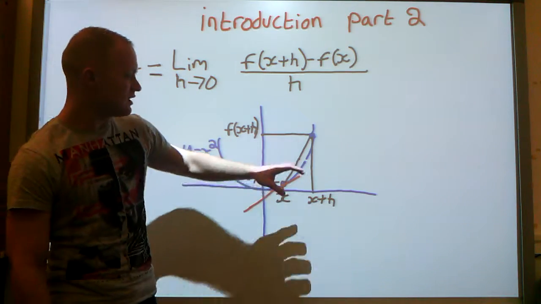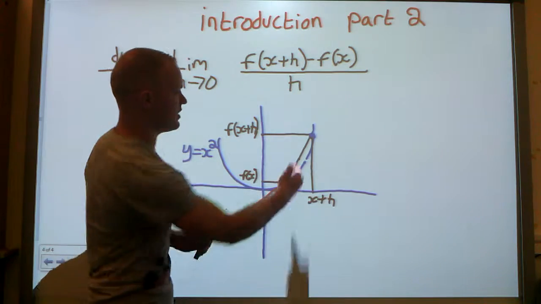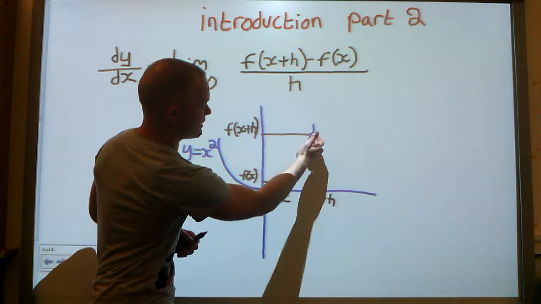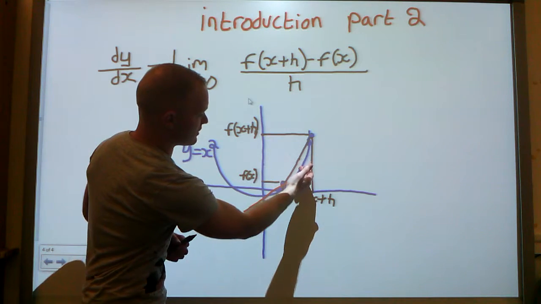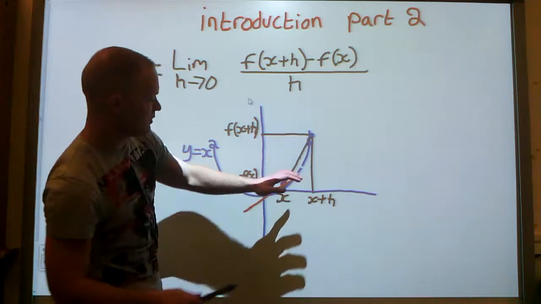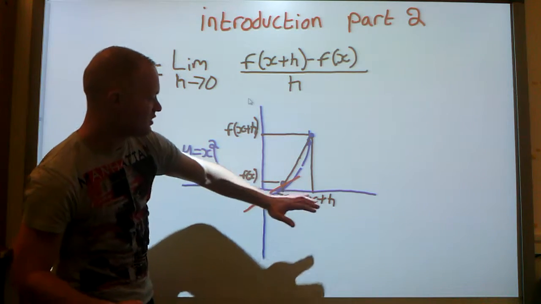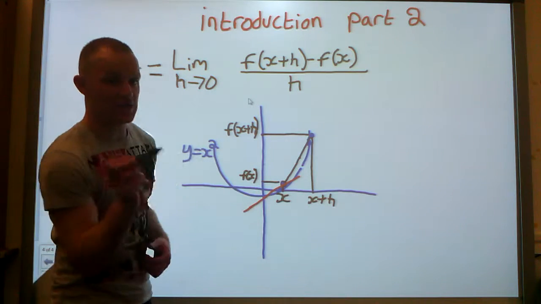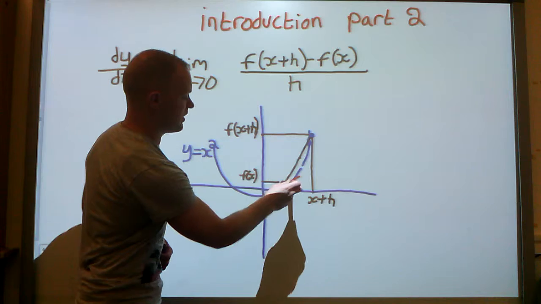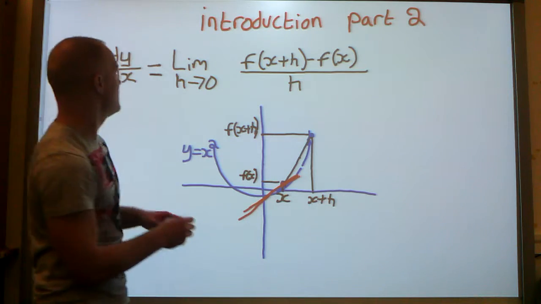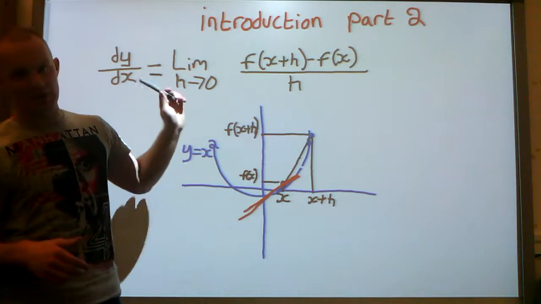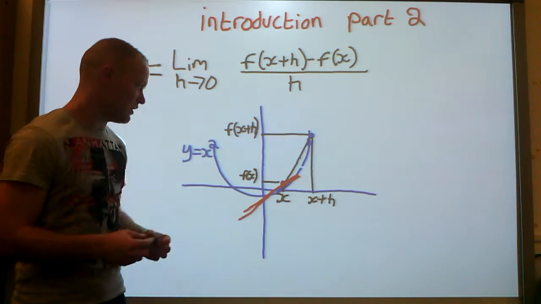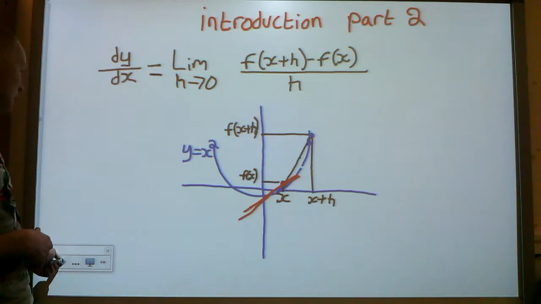And then we let h equal 0, because the smaller h is, the more that tangent moves along the line, okay? So when h is equal to 0, you actually get the tangent at the point x. So the slope of a function is the limit as h tends to 0 of this function here, okay? So now we're going to go on to more complicated functions, okay?